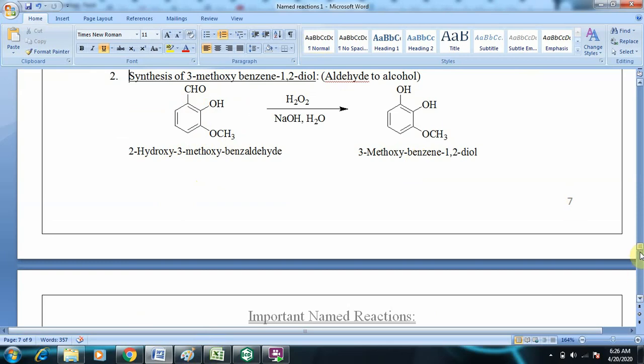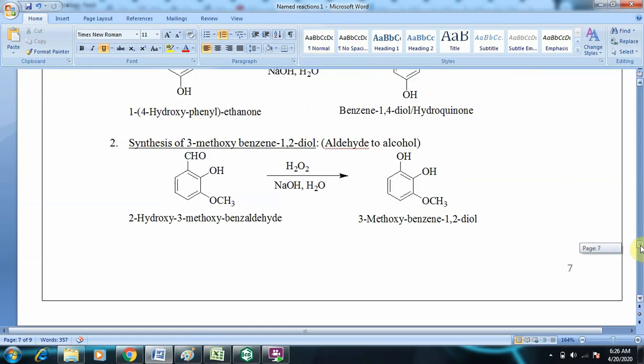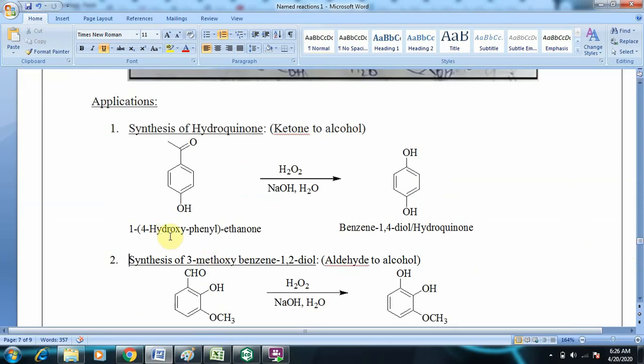So these are the two substrates which undergo Dakin reaction. So here 4-hydroxy, this is acetophenone, para-hydroxyacetophenone, the common name, otherwise you can write it as 1,4-hydroxyphenylethanone. So this molecule can also be written as para-hydroxyacetophenone.